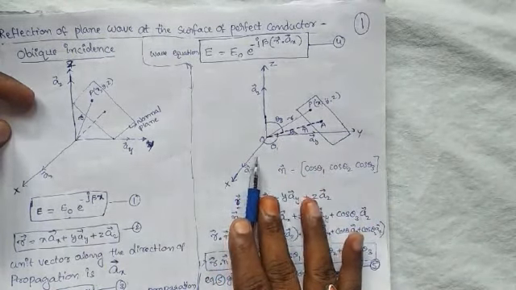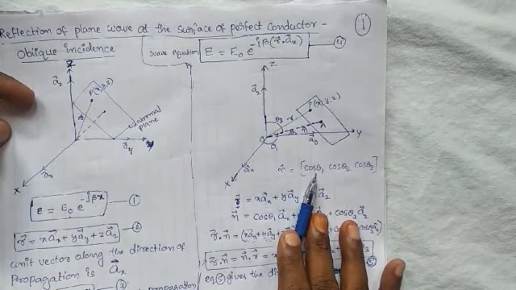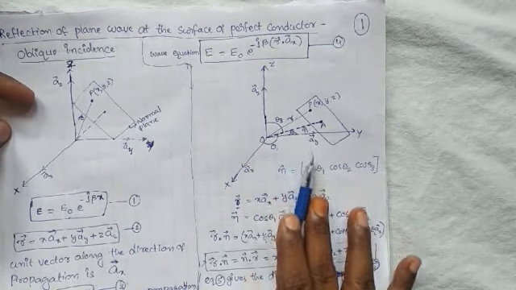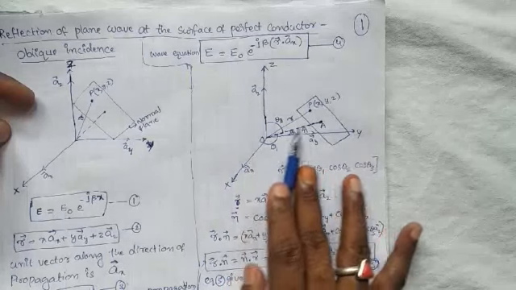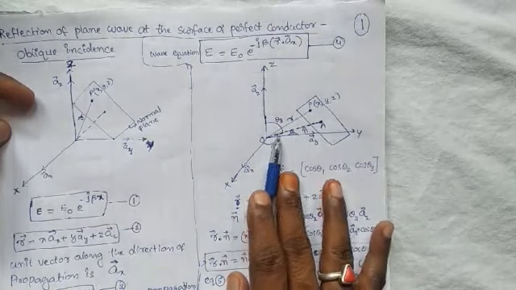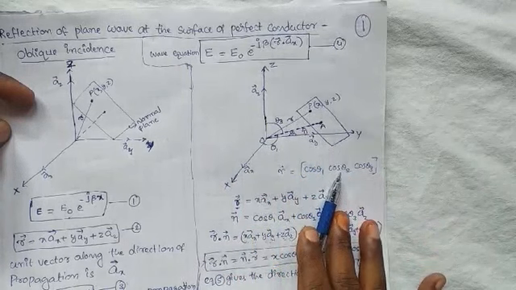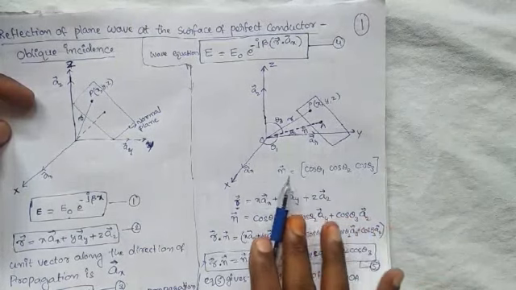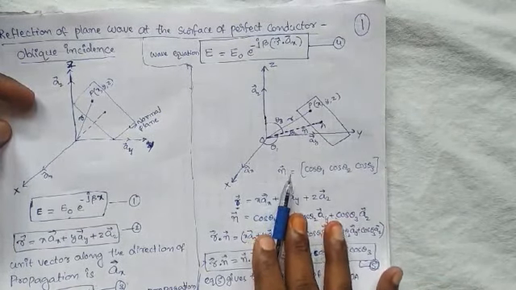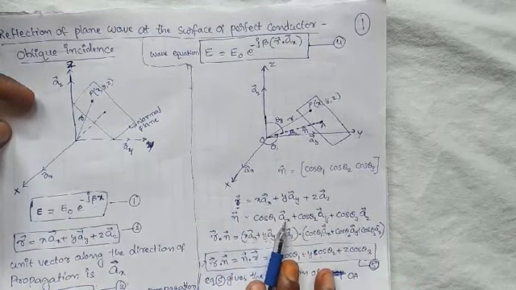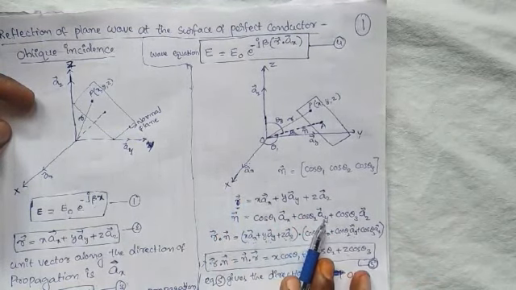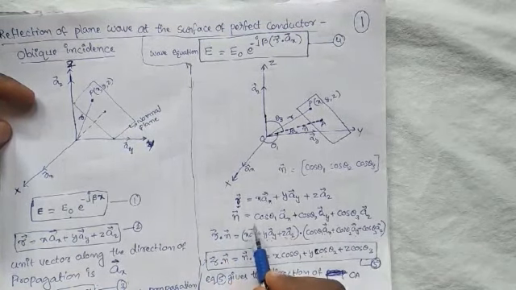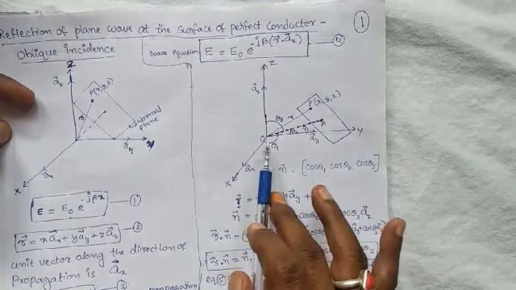The component along the x direction is cos theta 1, along the y direction is cos theta 2, and along the z direction is cos theta 3. So n is equal to cos theta 1 ax plus cos theta 2 ay plus cos theta 3 az. This is the unit vector in the direction of propagation of the wave along OA.